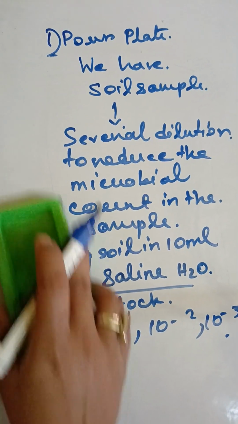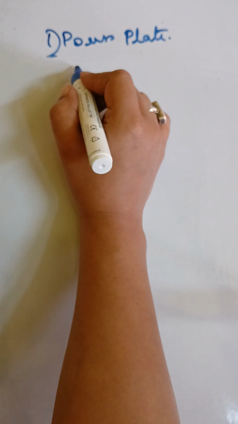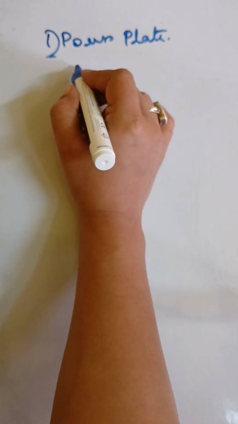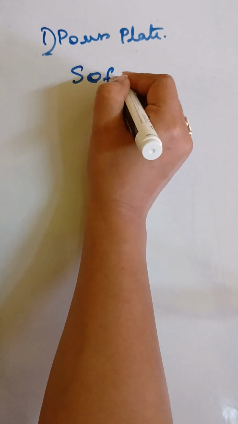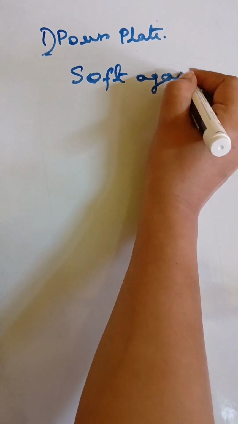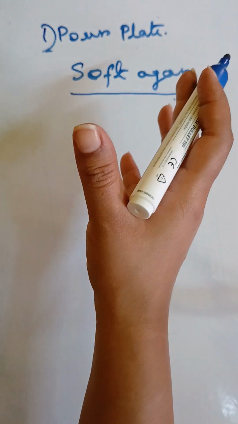So in the pour plate technique, after preparing the dilutions, normally the inoculum from the dilution is mixed with soft agar, which is in semi-liquid form.